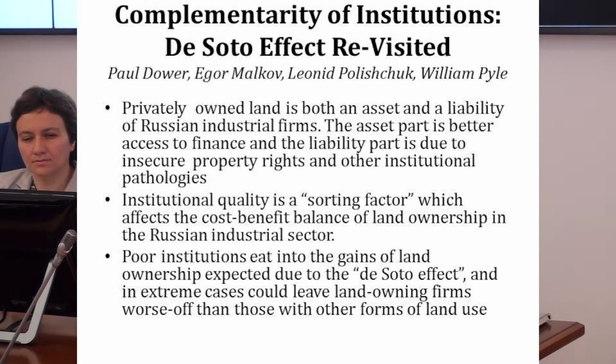And therefore, institutional quality serves as a sorting factor which affects the cost-benefit balance of land ownership in the Russian industrial sector. We can assume that if institutions are particularly poor, then that would eat away all of the benefits of land ownership. As a result, industrial firms that own land end up being worse off than those that lease land on hard and capital land use regimes.